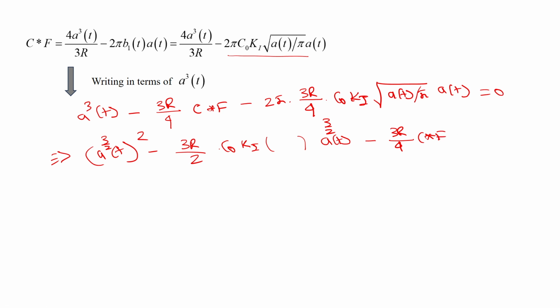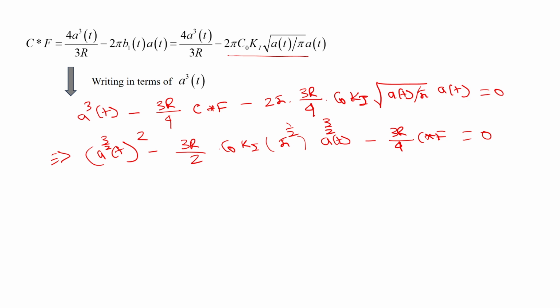So basically I have a quadratic equation in terms of A to the power 3 by 2. So I would like to find that quadratic equation. So just let me correct a little part over here. So it is 3R by, and this is pi here, and this is Ki here. So I guess it should be per square root of pi, okay, like that. I think that should be fine.